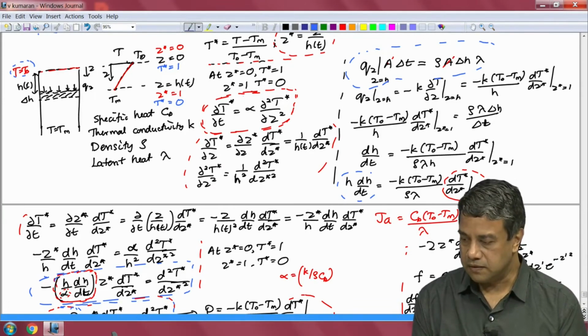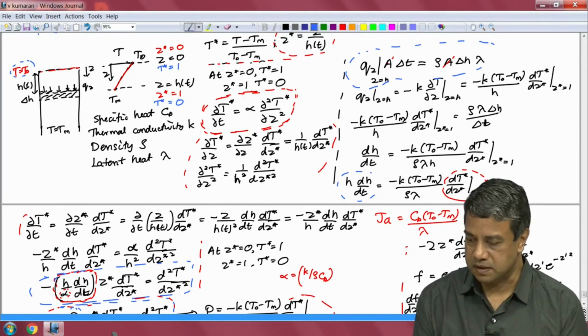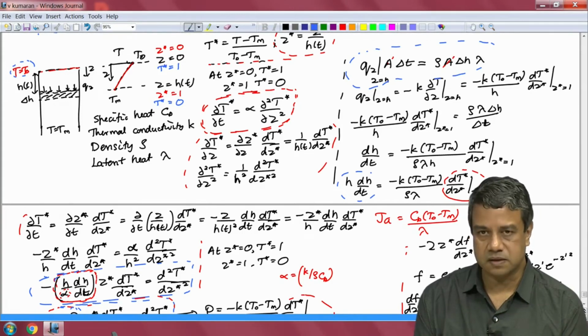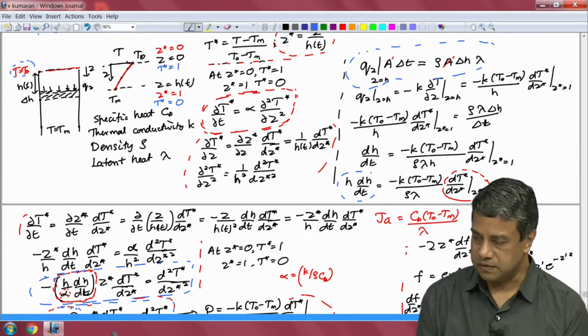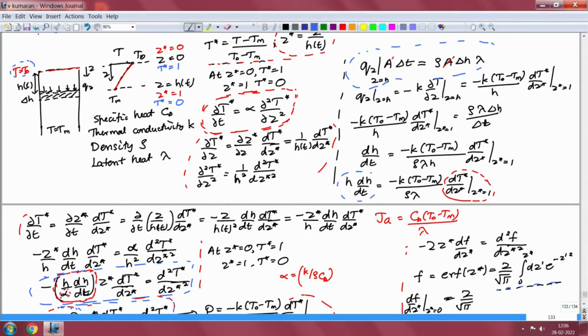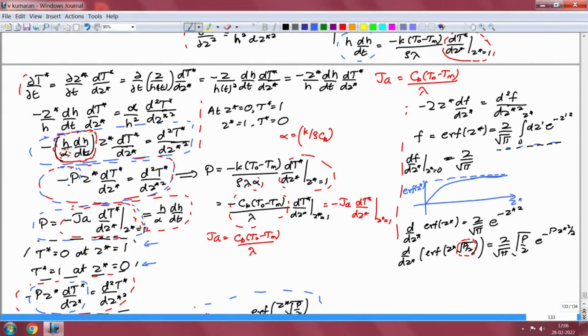If on the other hand the flux were a constant, I could not have used this, because if the flux is a constant, then I do not get the condition that h times dh by dt is a constant. Because if the flux is a constant, then it implies that just dh by dt is a constant. That means that h is a function of time, and in the left side of this equation, this term is not a constant.